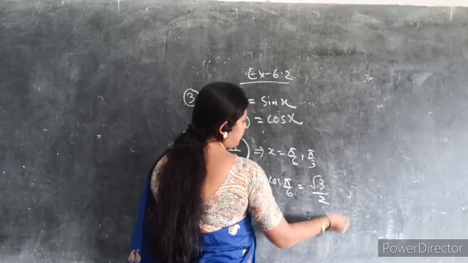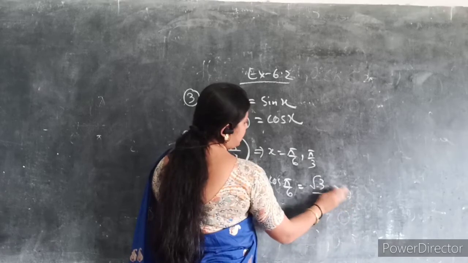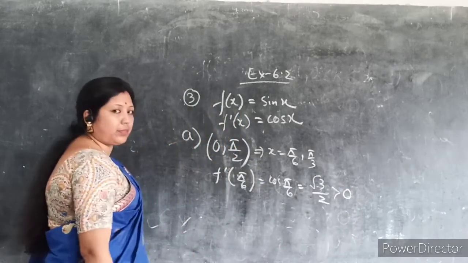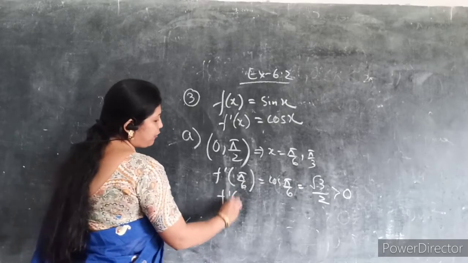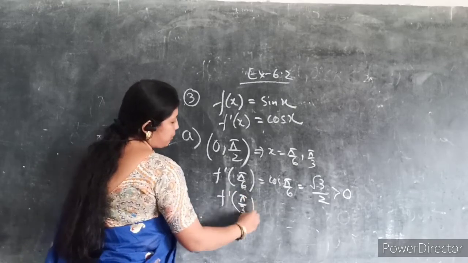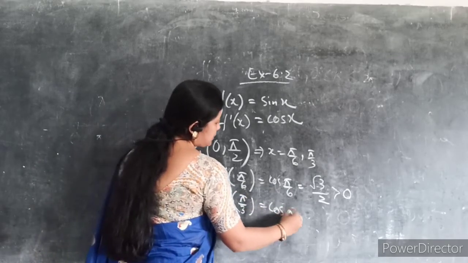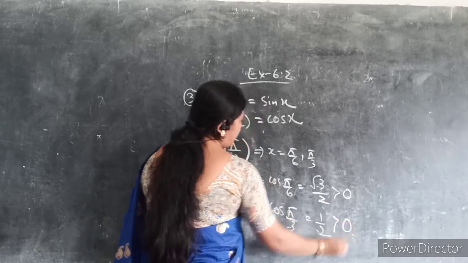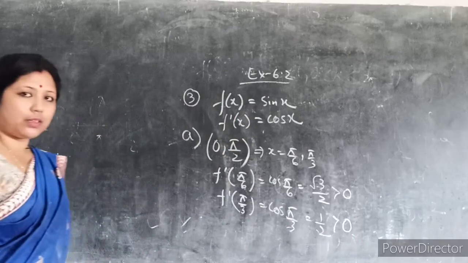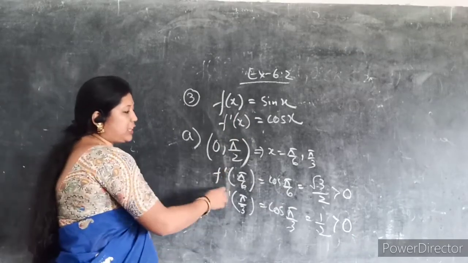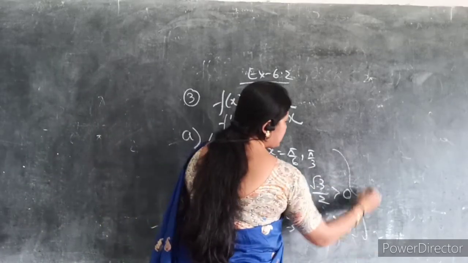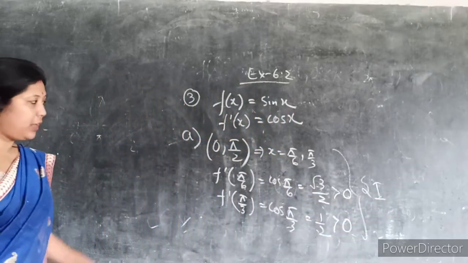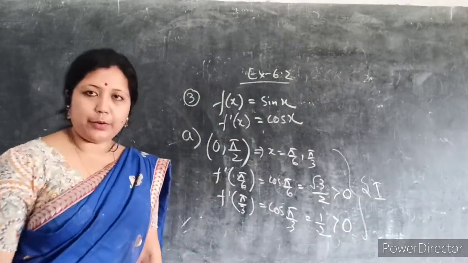That is a positive number, greater than 0. Clear? Similarly, if I put pi by 3, that means cos 60, which is half. This is also greater than 0. That means the function is strictly increasing in the interval 0 to pi by 2.